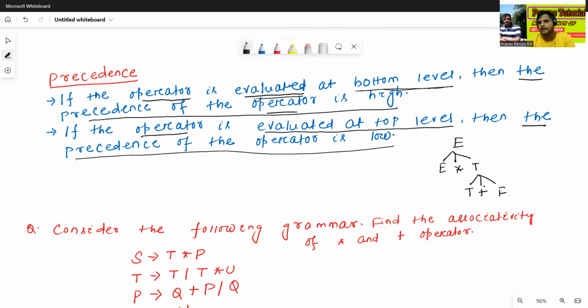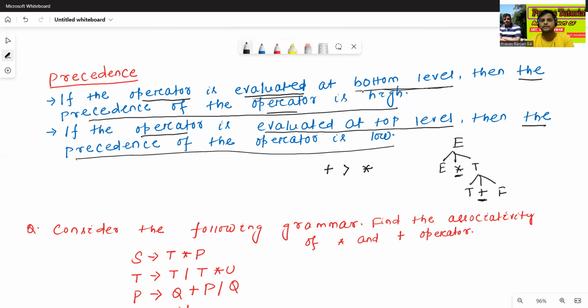Here there are two operators, plus and star. Which precedence is high? Since plus is evaluated at the bottom level, its precedence is high as compared to star, because star is evaluated at the top level.